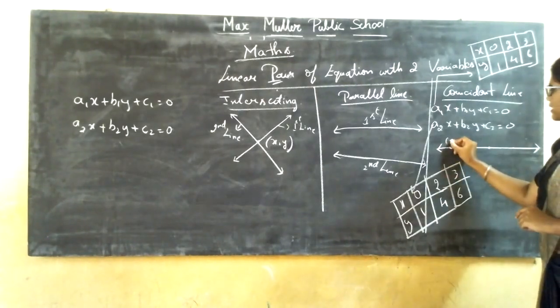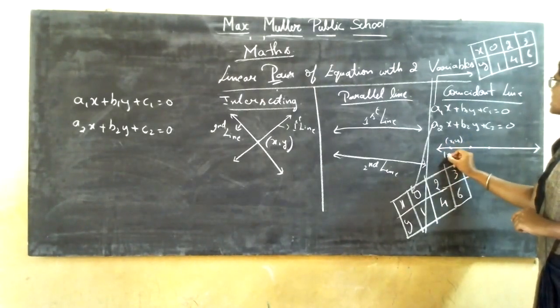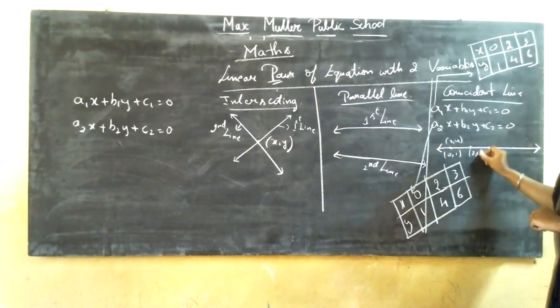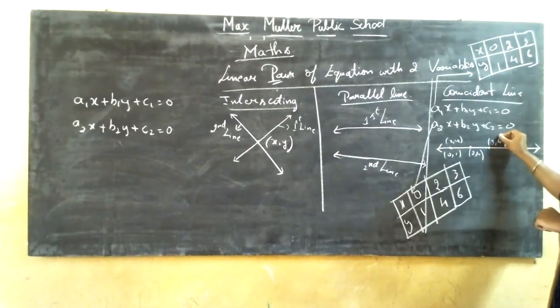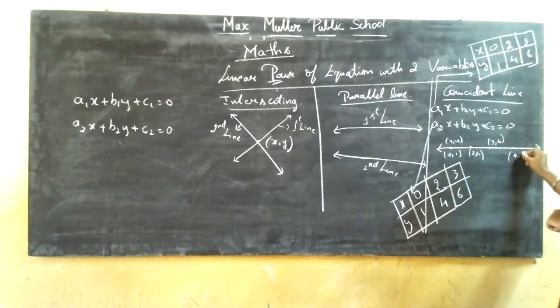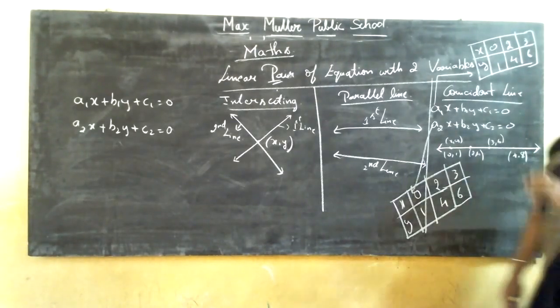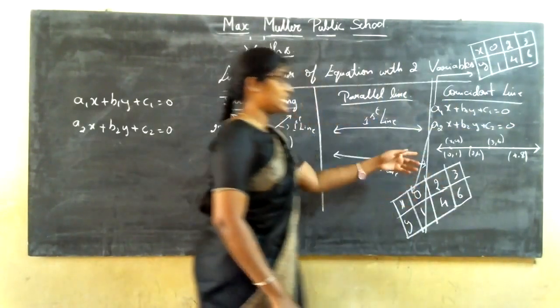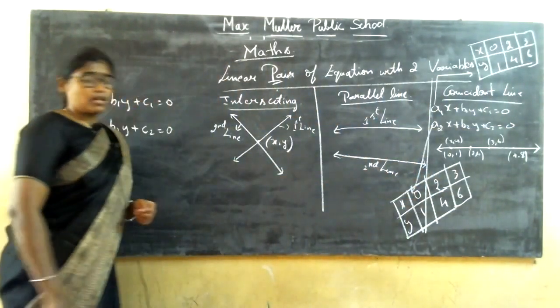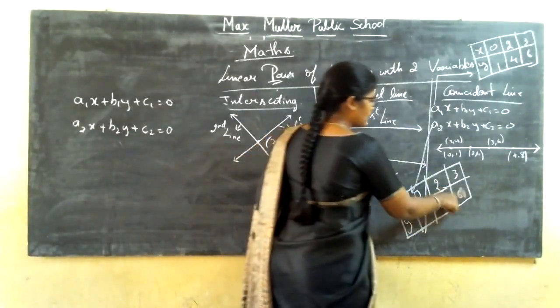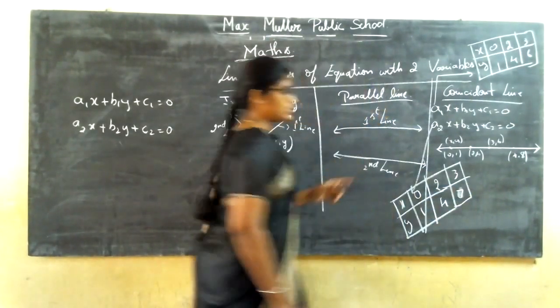That is, x, y has 0, 1 as a point, this is 2, 4 as a point, and this is 3, 6 as a point. Next you might get 4, 8 as a point. Clear about this? When both equations represent the same coordinate points which intersect each other, you should not get an odd one, that is 3, 7.